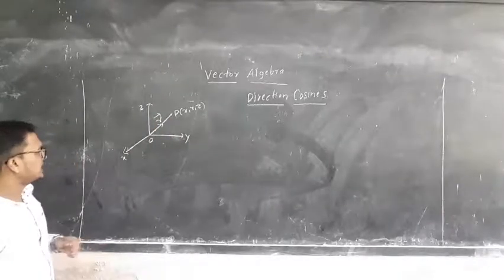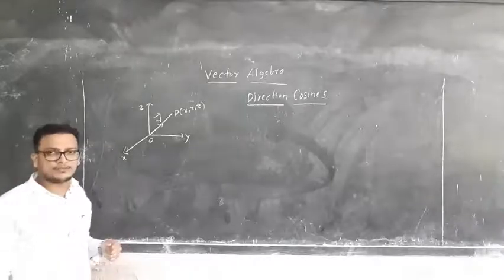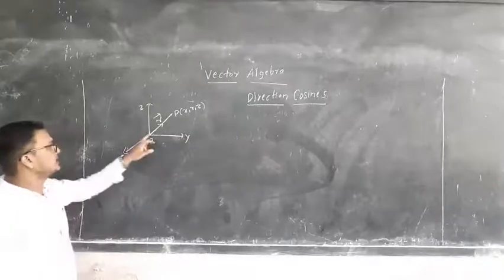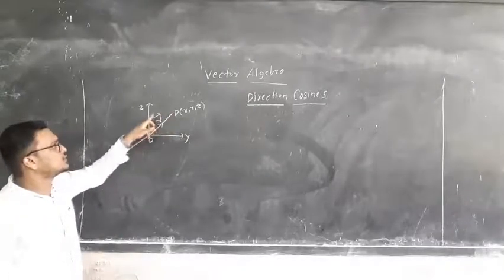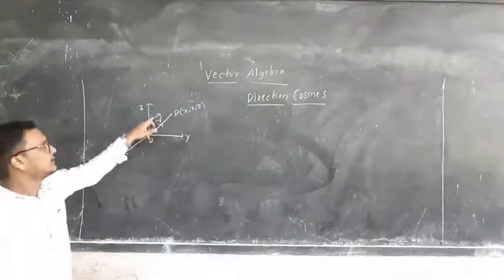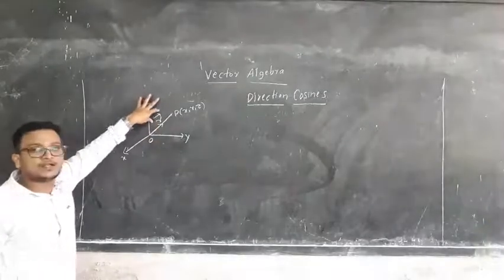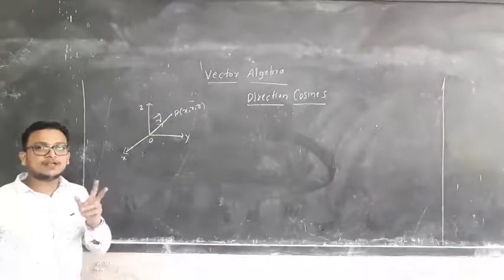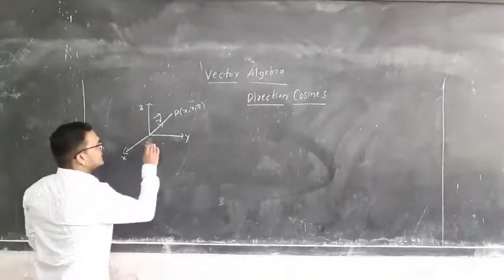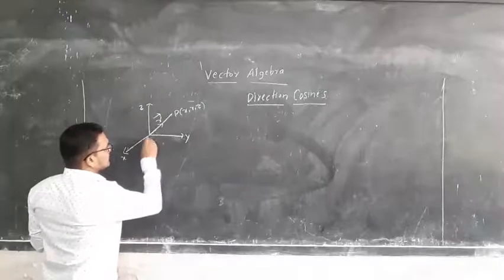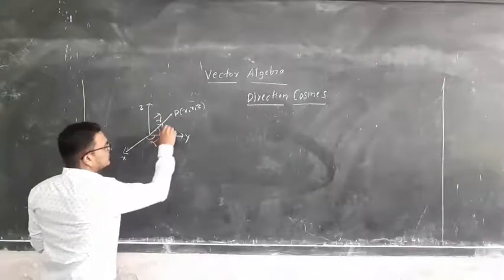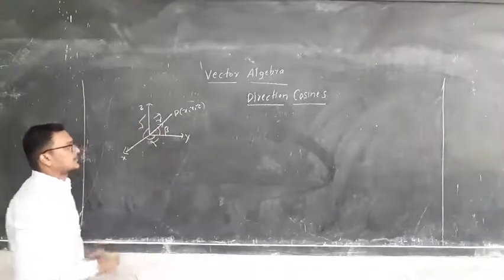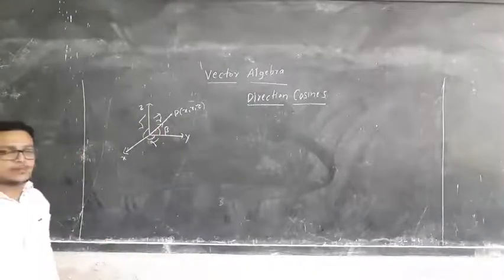Again, in the three-dimensional plane I have taken a point P joined with respect to the origin O. We form the vector OP, denoted by vector r. Due to vector r, three angles are formed: alpha, beta and gamma.